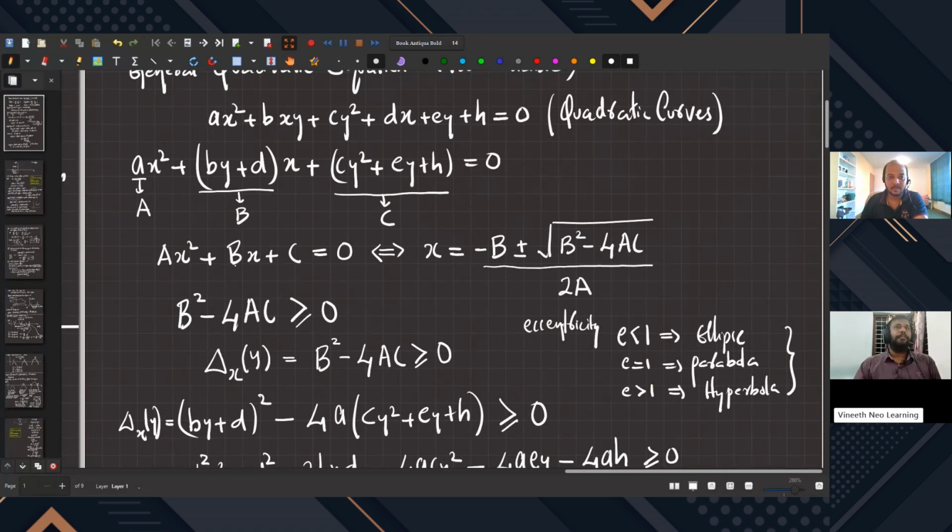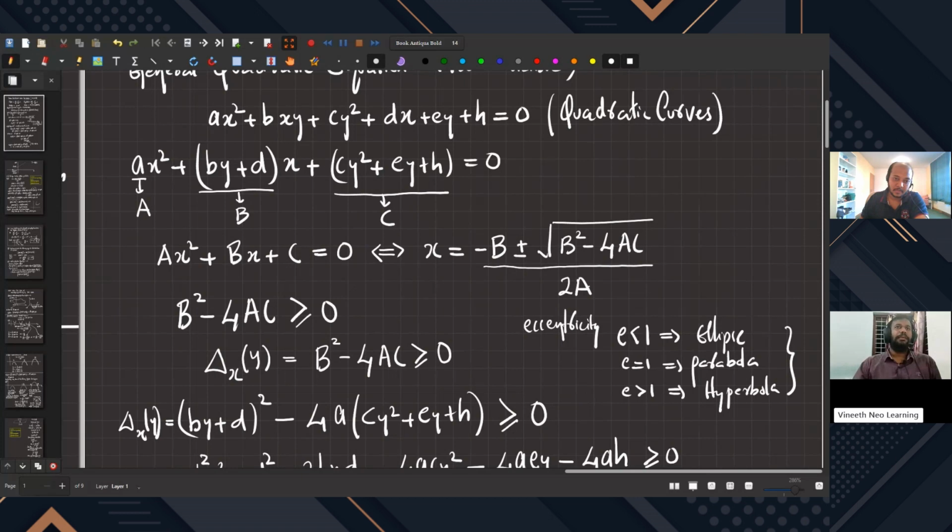But we rearranged it so that it looks like a quadratic equation in x, and when we apply the quadratic formula, we can find x as minus (by plus d) plus or minus the root of b squared minus 4ac, and that b squared minus 4ac was our delta x of y. This is how we started.